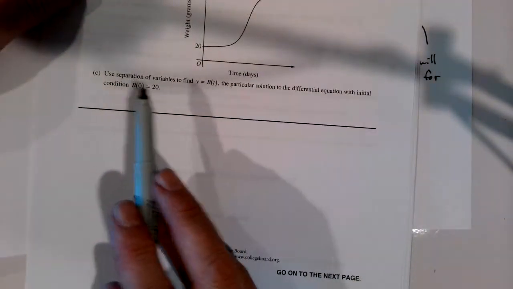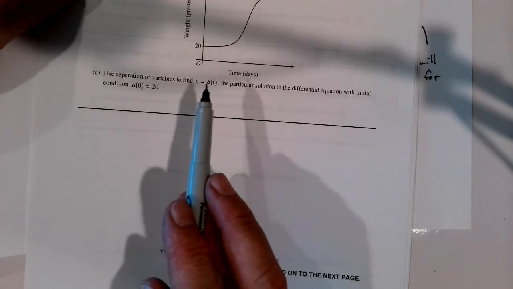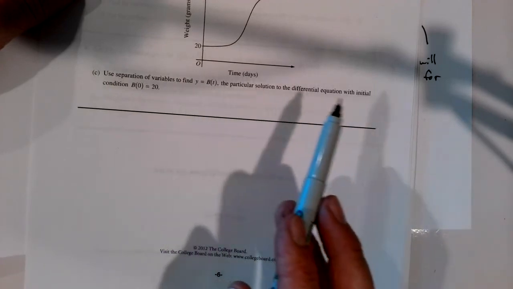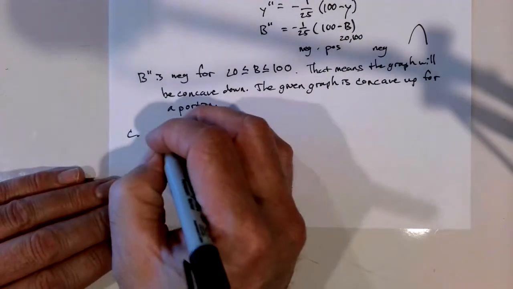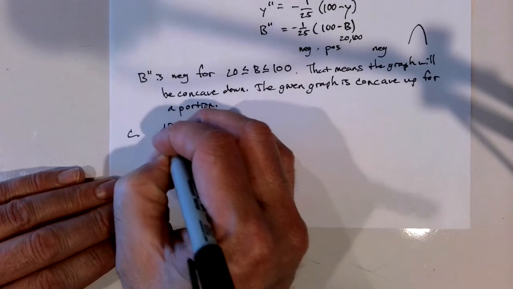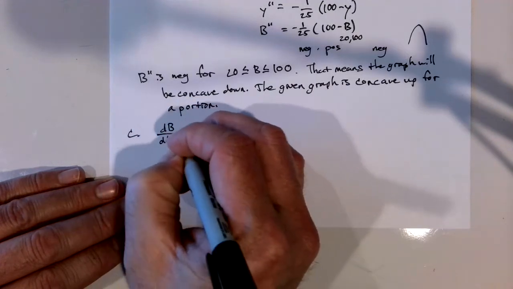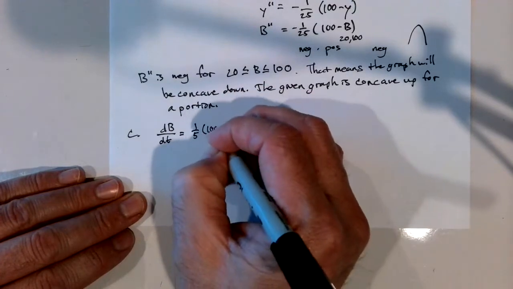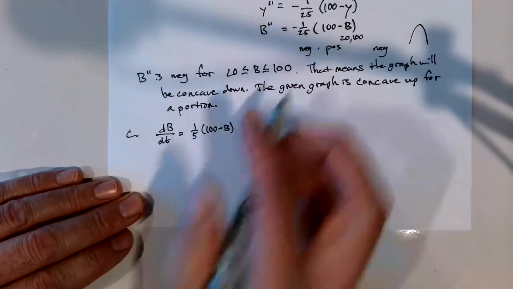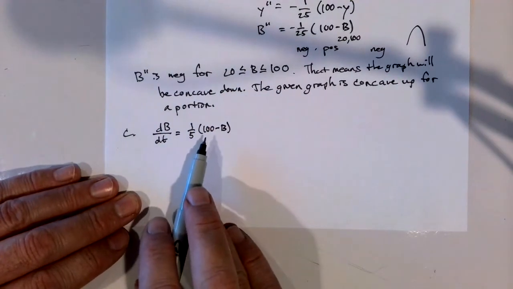It says, use separation of variables to find y equals B of t, the particular solution with the initial condition (0, 20). And so this separation of variables thing, dB over dt is equal to 1/5 times 100 minus B. Here's the deal.